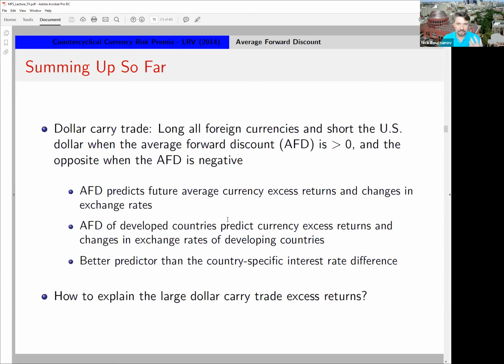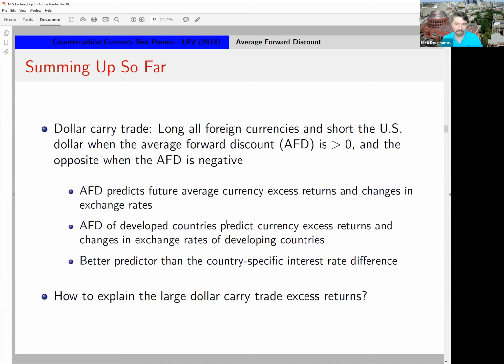So this is kind of the interesting counterpoint or complement to what Adrien was talking about, because if we can understand the cross-sectional carry trade separately, and we can understand the dollar carry trade separately, then together we pretty much understand everything there is to understand about exchange rates in relation to interest rate differentials.